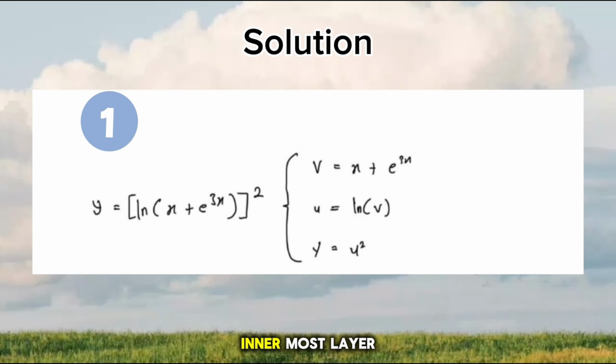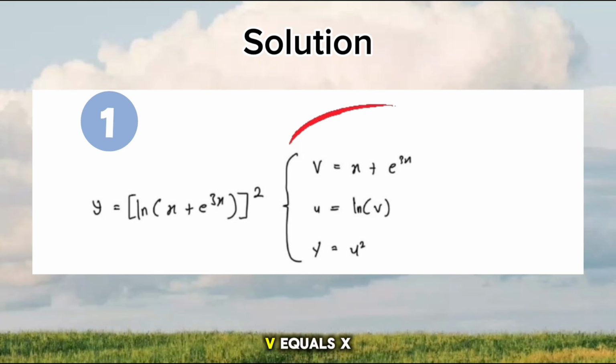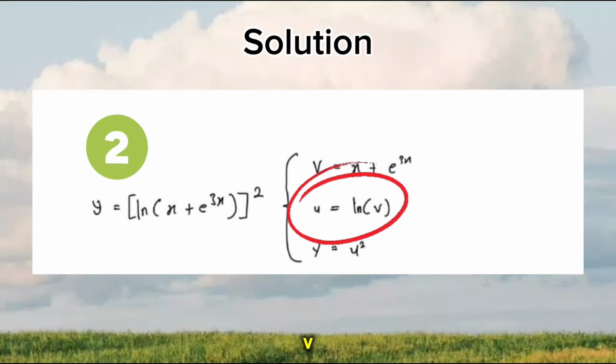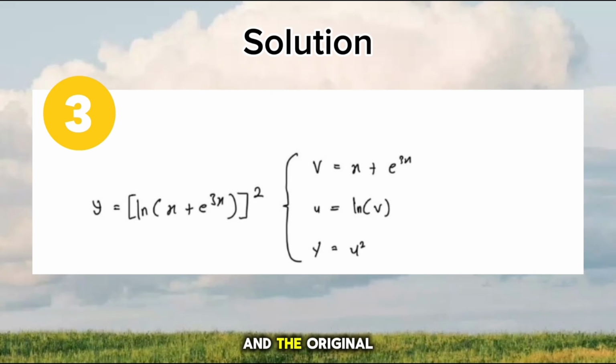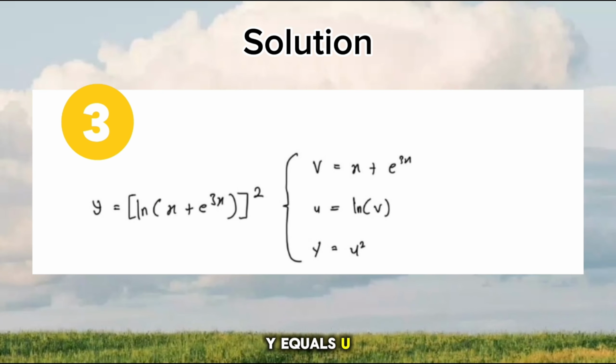Let the innermost layer be v, so v equals x + e^(3x). Then let the middle layer be u, so u equals ln v, and the original outer function becomes y equals u squared.